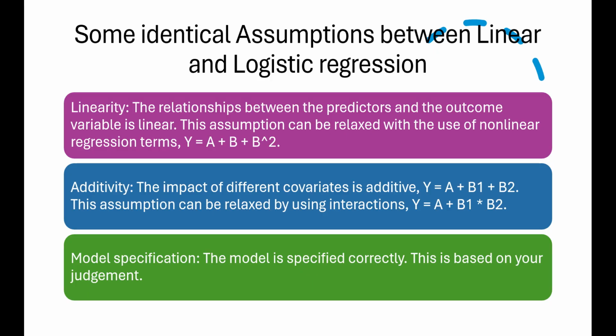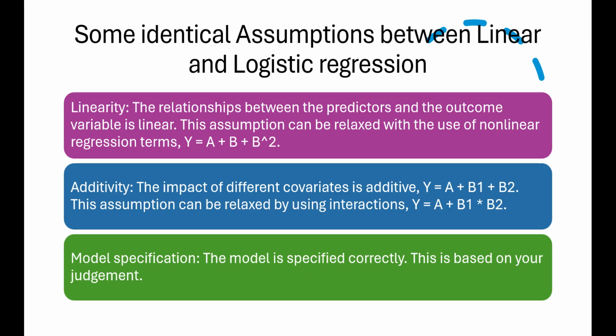So our second assumption is additivity. The impact of different covariates is additive, meaning that y equals a plus b1 plus b2. So we add the effect of each of our predictors into understanding our y, or our outcome variable.